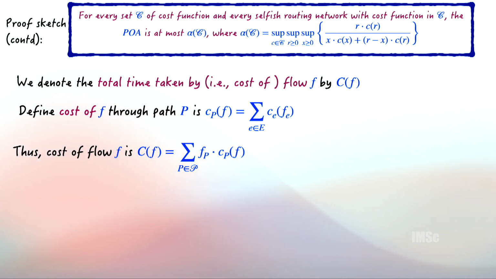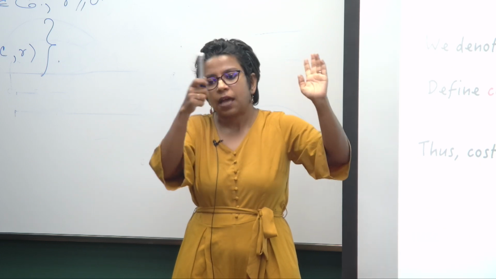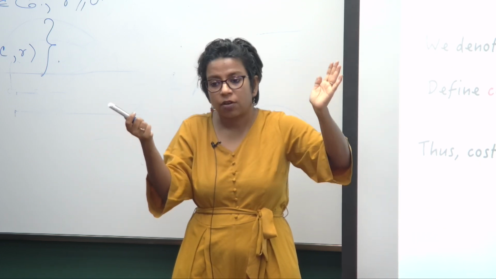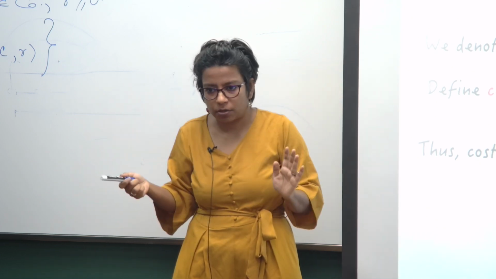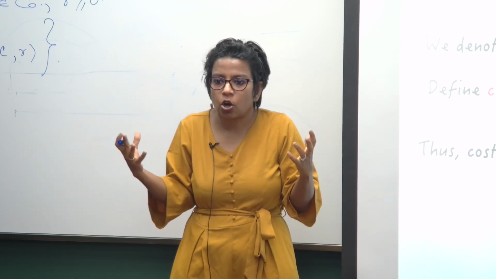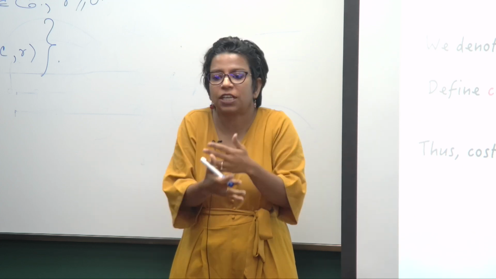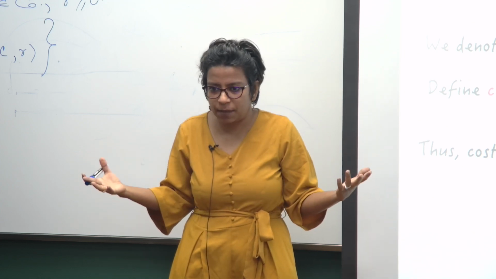It is like here is a network, there are different paths P1, P2, P3, P4, up to Pn. I am just adding up the cost of the flow across path 1, added with the cost of flow across path 2 and so on. This together will tell me the total cost of the flow on this network, like the total delay experienced by anybody.